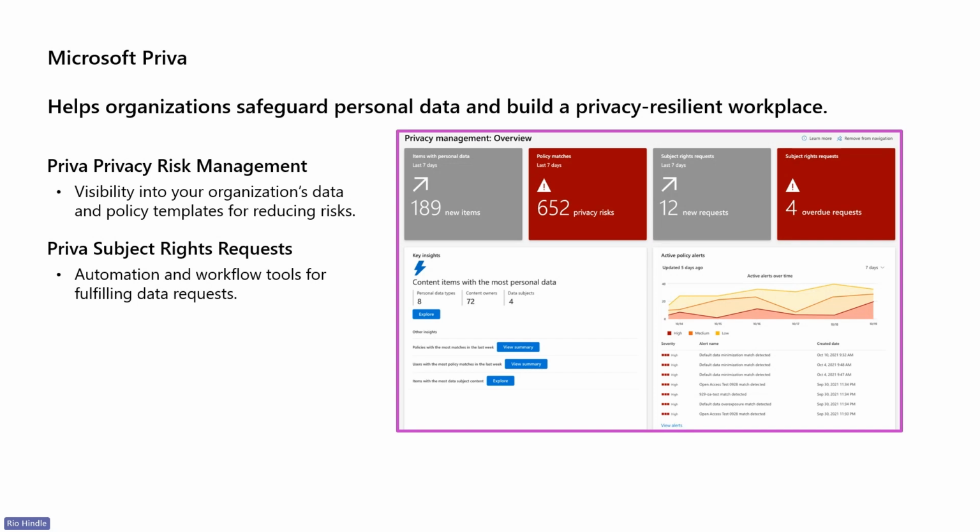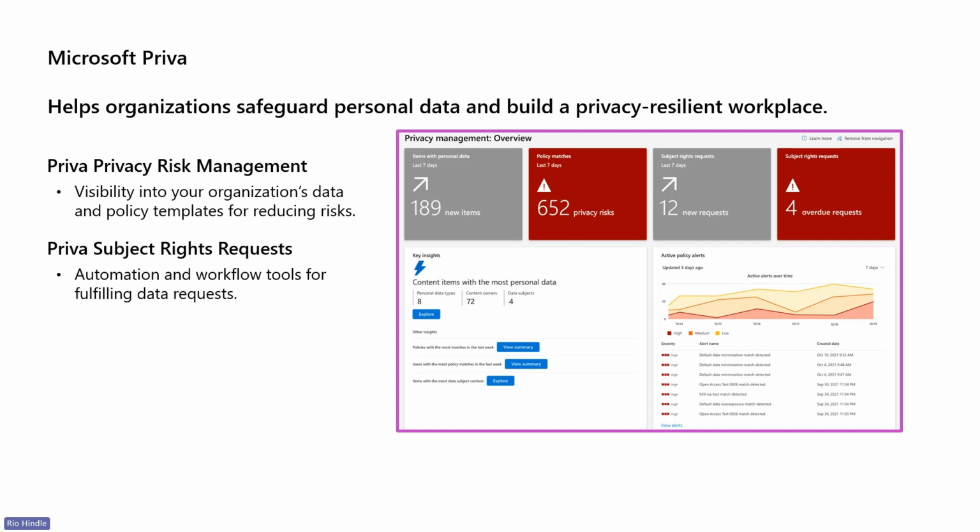General Data Protection Regulation, in which a former or an existing employee can ask their employer for information around them as an individual. So anything around their personally identifiable information that the organization holds or is processing. And with that, Microsoft needed to come up with a solution to manage that request of data through some sort of workflow management solution. And this is where Microsoft Priva comes into play.